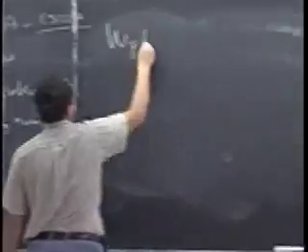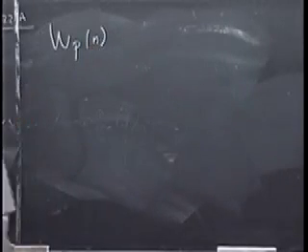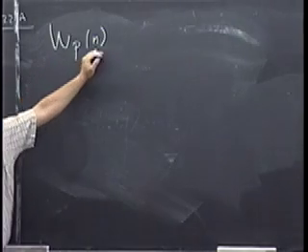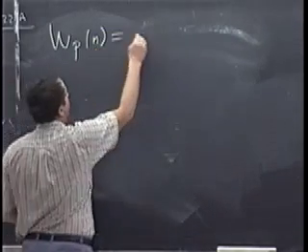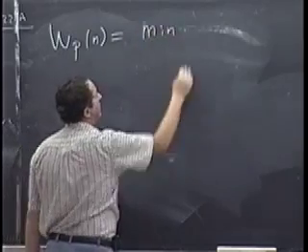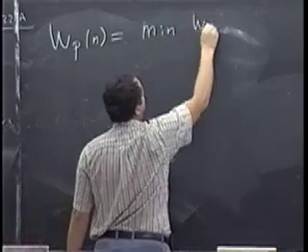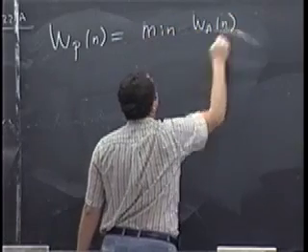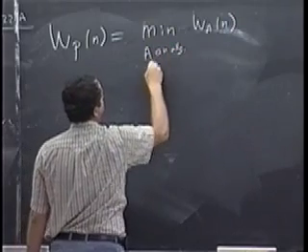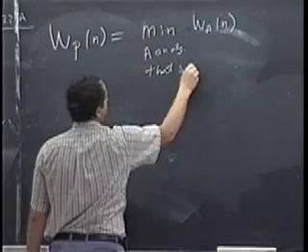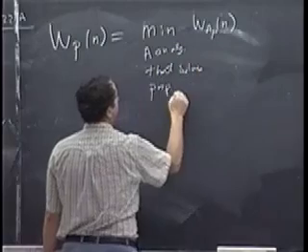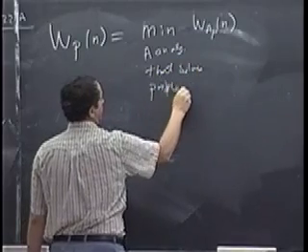But we can just define the worst case behavior of problem P as a function of n. And that's going to be the min of W_A(n) over A, an algorithm that solves problem P.